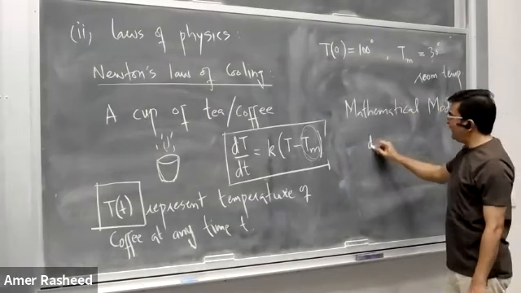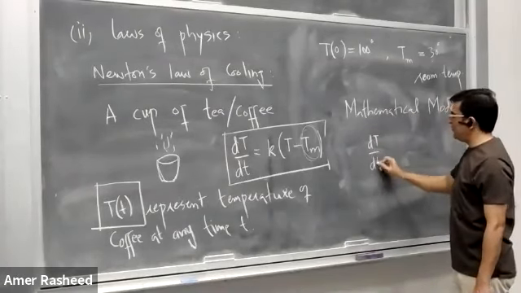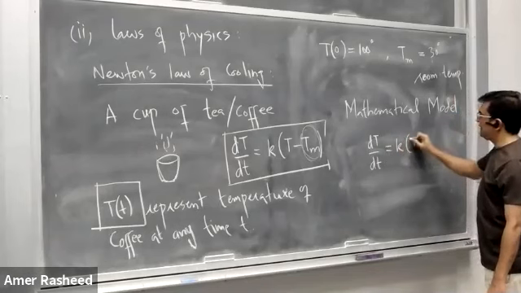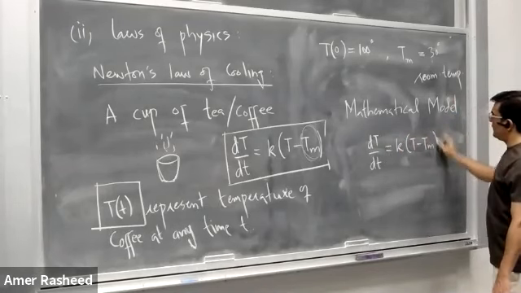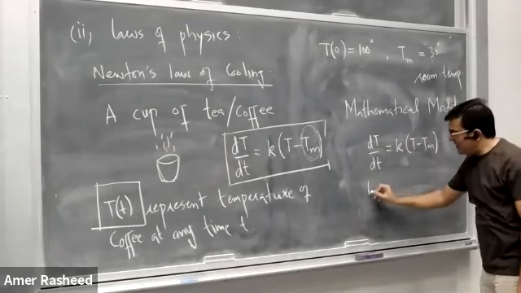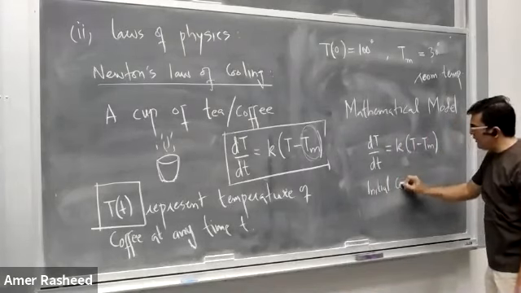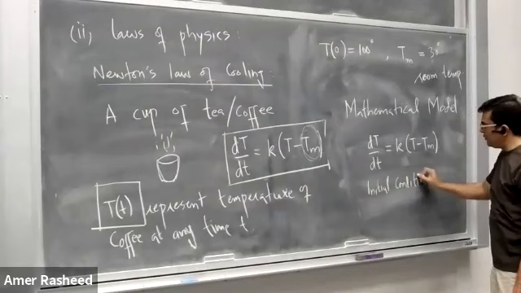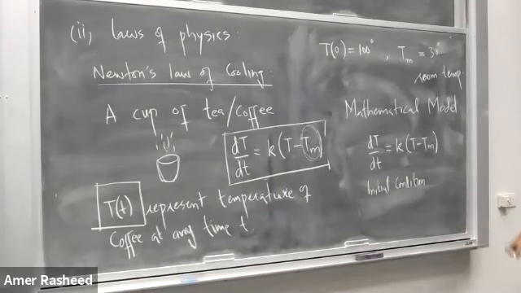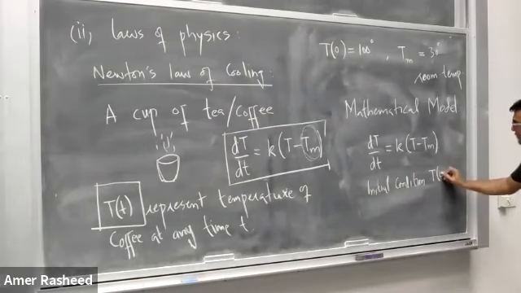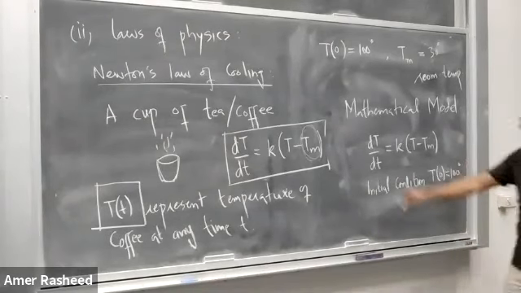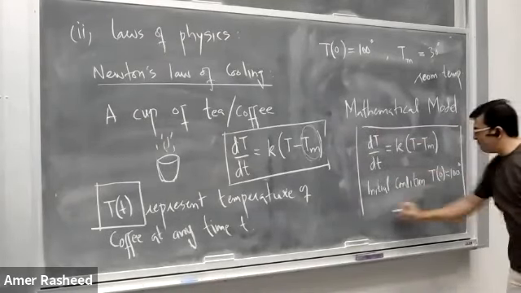It involves the differential equation, which is this thing, plus an initial condition. We can know the initial condition by closely observing the physical phenomena. The initial condition is what? T of 0 is what? It is 100 degrees. Okay. So this complete thing is a mathematical model.